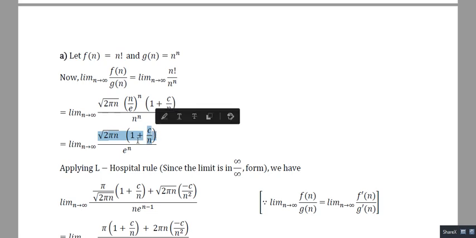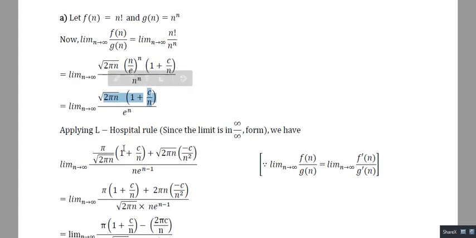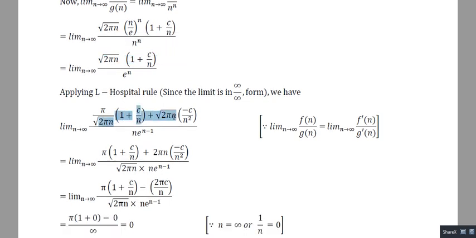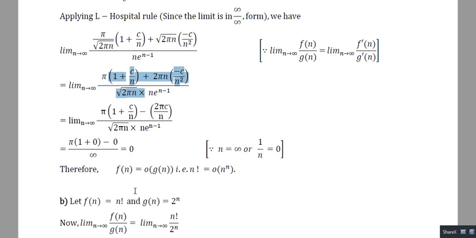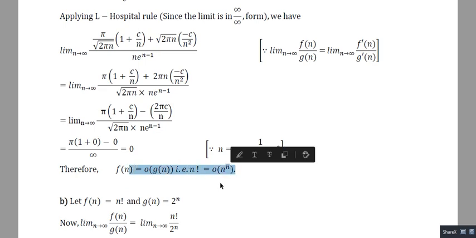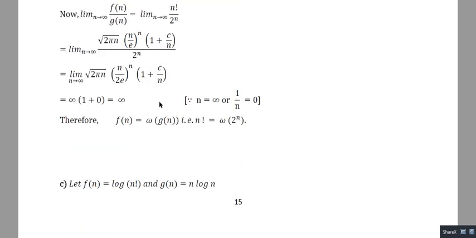Now you see this is a complex function, with n here and n here, so you apply the formula for differentiation of uv: u into differentiation of v plus v into differentiation of u. I apply differentiation to numerator and denominator separately. Just simplify and you will get 0. So limit fn by gn as n tends to infinity equal to 0 means fn is equal to little o gn. Similarly you can also prove the remaining formulas.